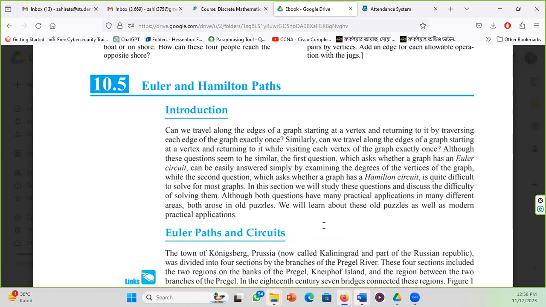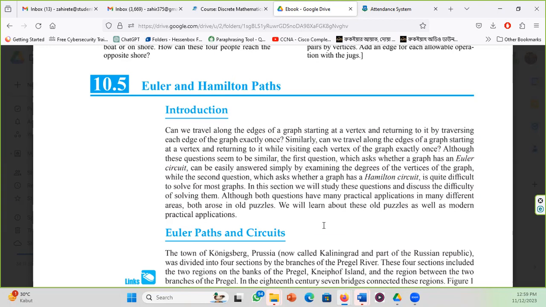So yes, what is basically a path? The edge is basically the connecting point between the two vertices. So path means starting from a node, then passing through the edge and going to another node.